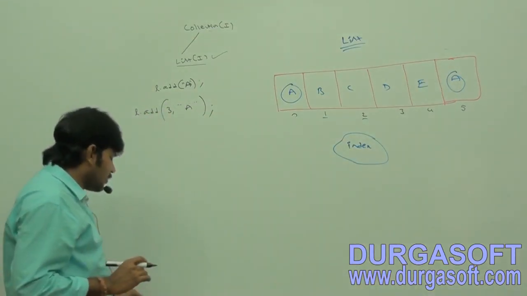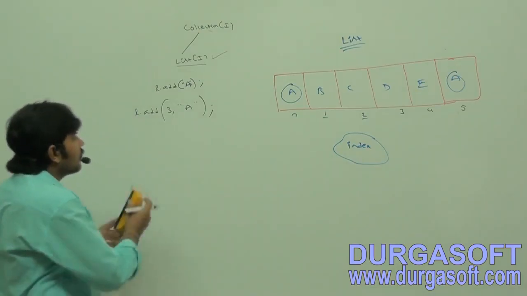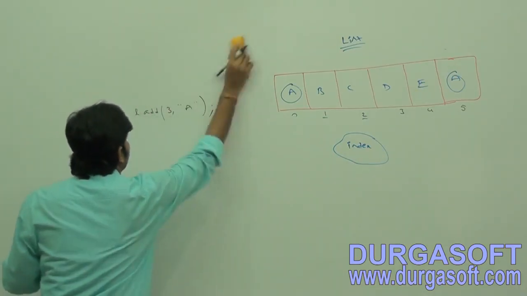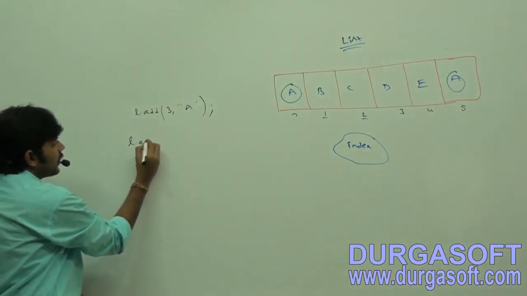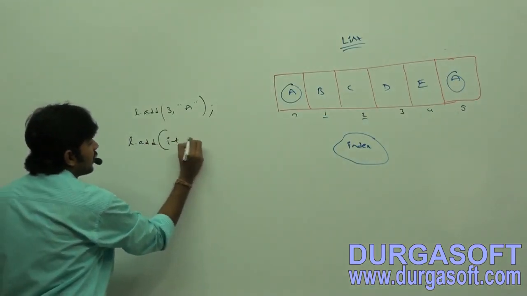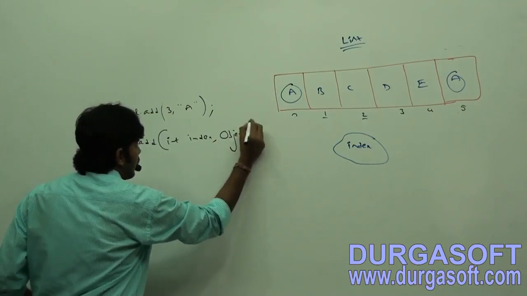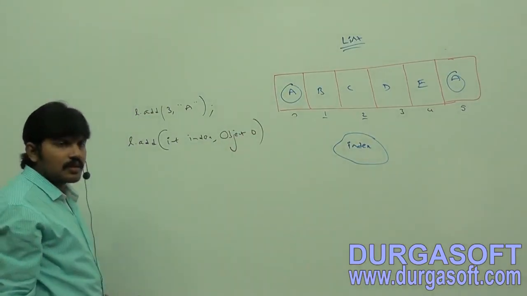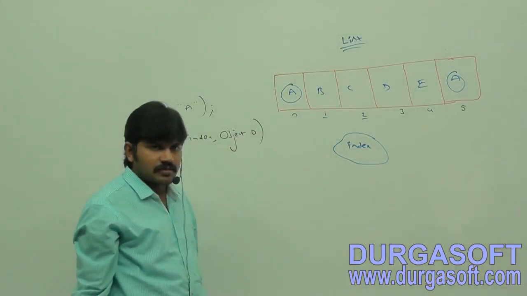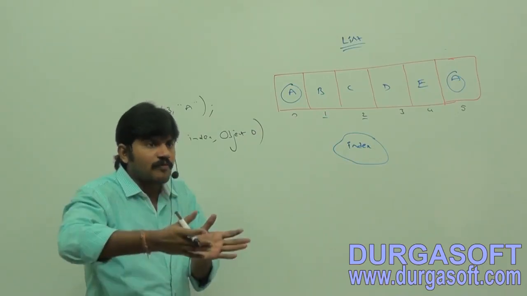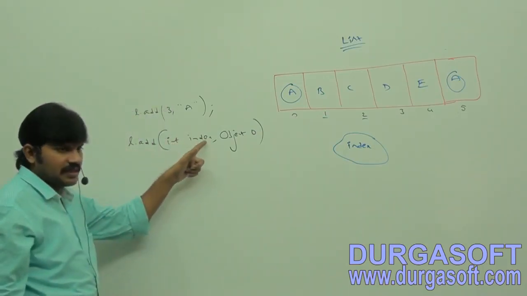So this is l.add(index, object). Can you generalize the method? l.add(int index, Object o). Now, I don't want to add a single object, I want to add a group of objects starting from this index.